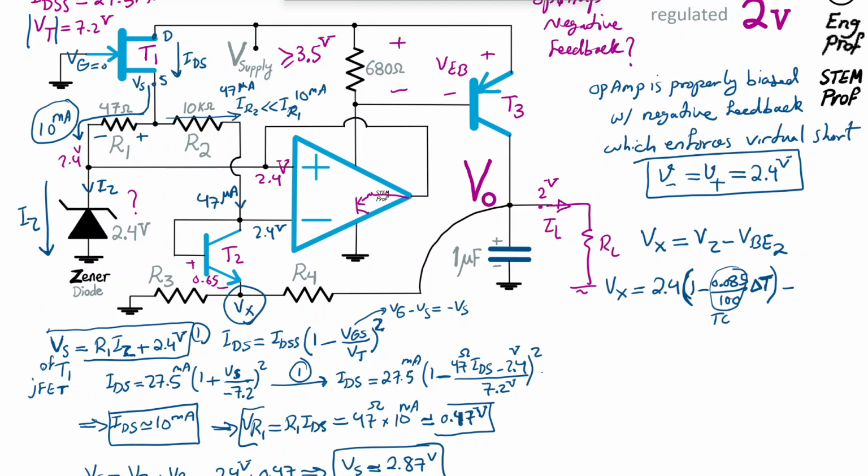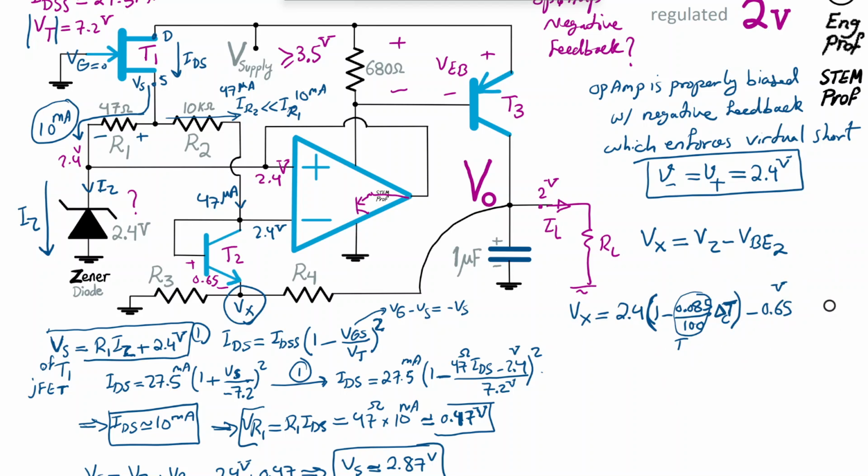For that, we would say the nominal is 0.65 volt, but that is changing, as is well known, by about negative 2.1 millivolt per degree. It's well known that the PN junction of the bipolar junction transistor has a negative temperature coefficient of 2.1 millivolt, or if you want to be accurate as shown here, 2.1 divided by 1000 per degree C, so it would be times delta T. What is delta T? I'm going to write delta T here.